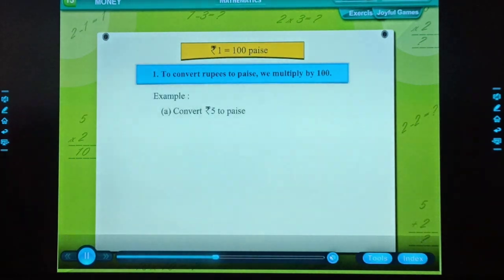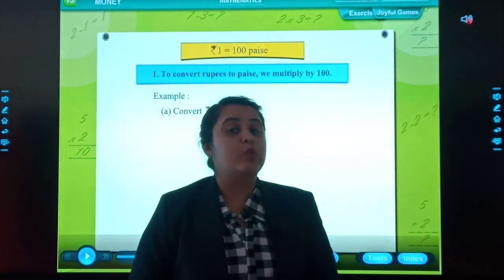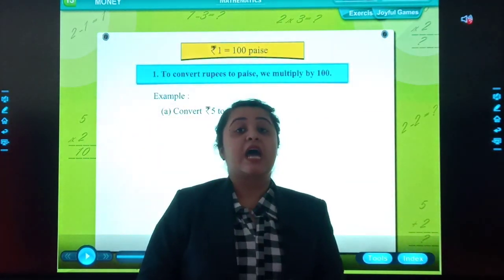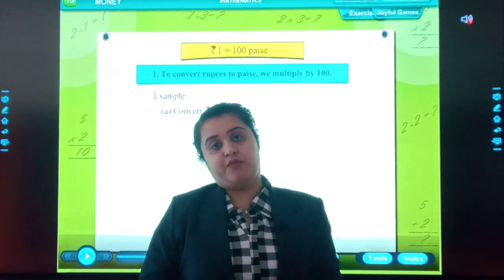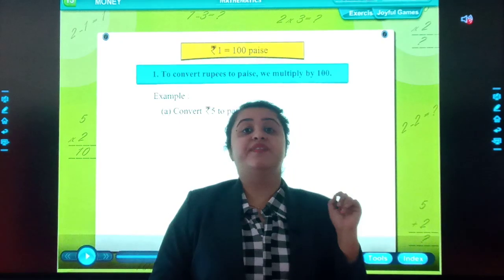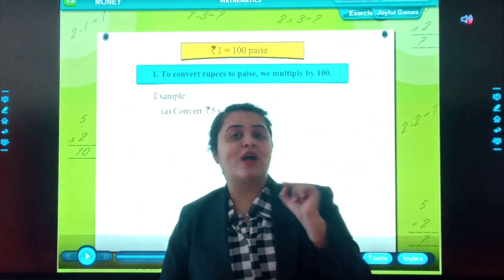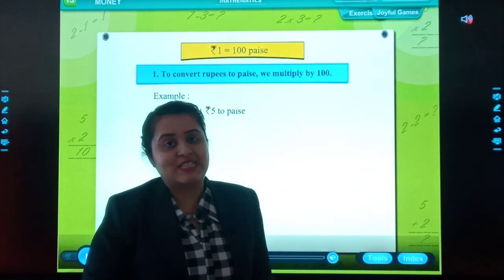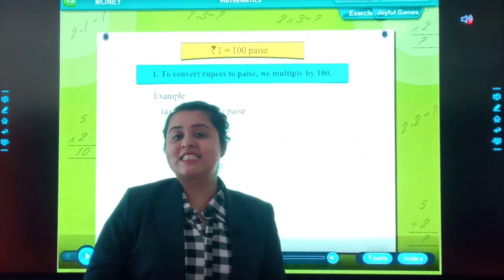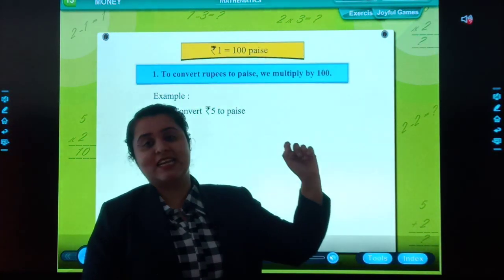So students, today in this video we saw and we understood how to read the money and how to write in decimal form. In next video we will be discussing about the conversion. Just you have to remember one formula for that. 1 rupee equals 100 paise. That's it. Your second exercise will be more easy. We will be continuing this in the next video.